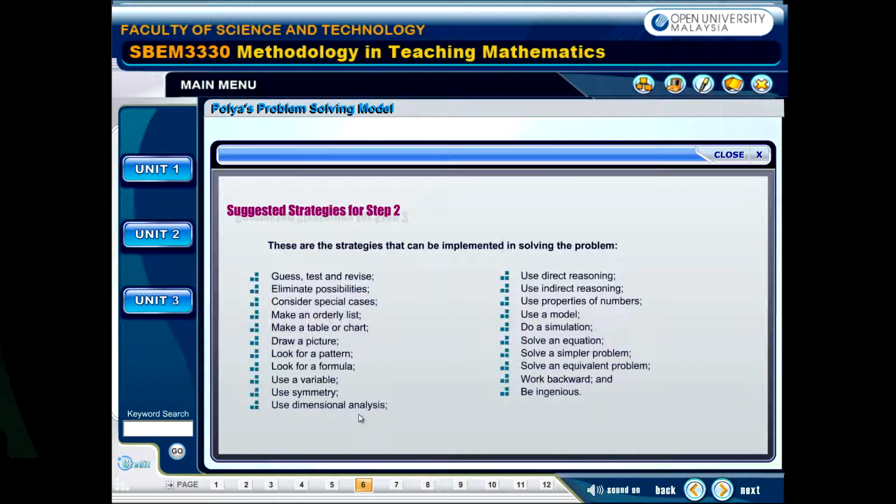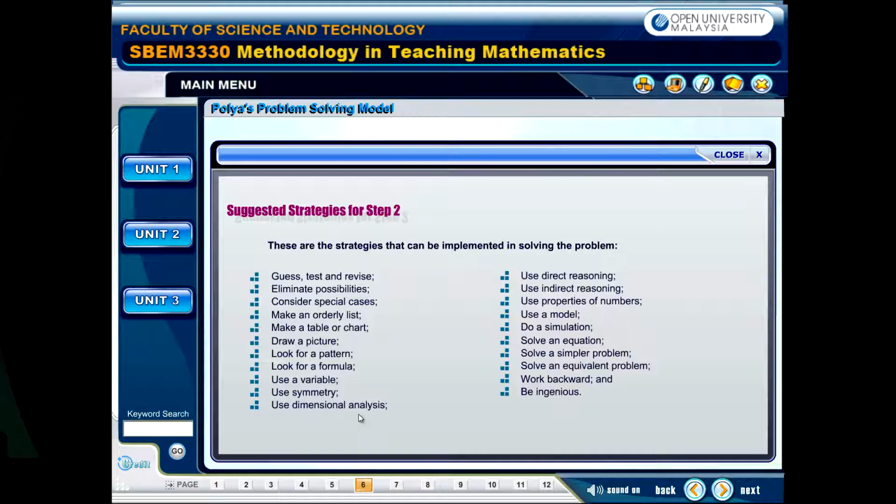These are the strategies that can be implemented in solving the problem. Guess, test, and revise. Eliminate possibilities. Consider special cases. Make an orderly list. Make a table or chart. Draw a picture. Look for a pattern. Look for a formula. Use a variable. Use symmetry.